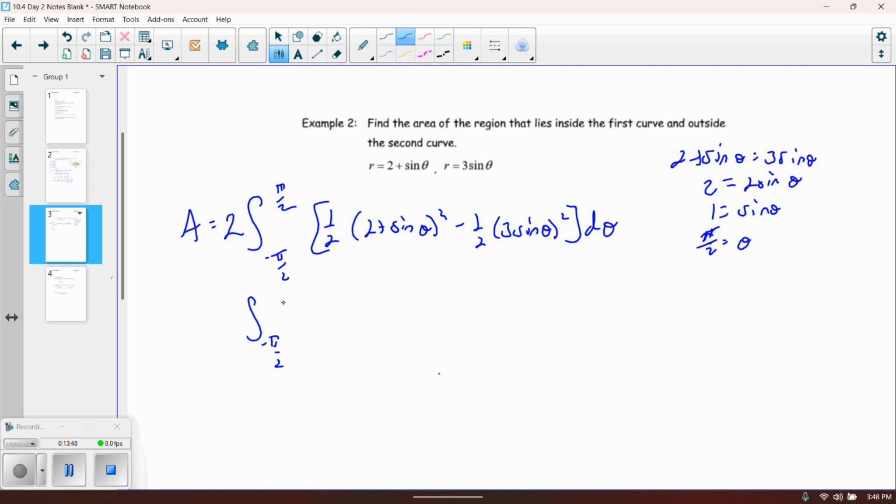Gets rid of those, which is nice. We're going to have to distribute or FOIL out the 2 plus sine of theta squared, which is going to be 4 plus 4 sine of theta plus sine squared of theta. Minus, we're going to have to square the 3 sine of theta, which will give us 9 sine squared of theta.